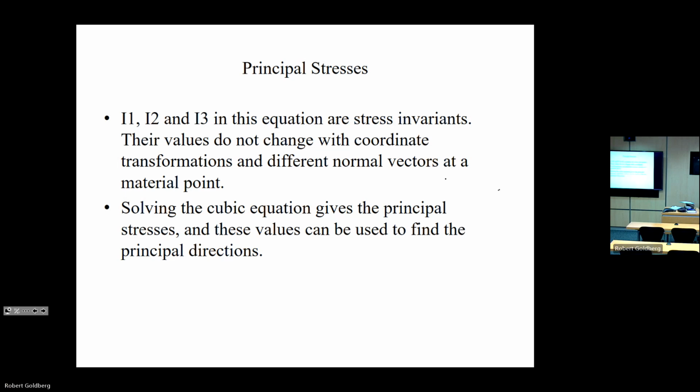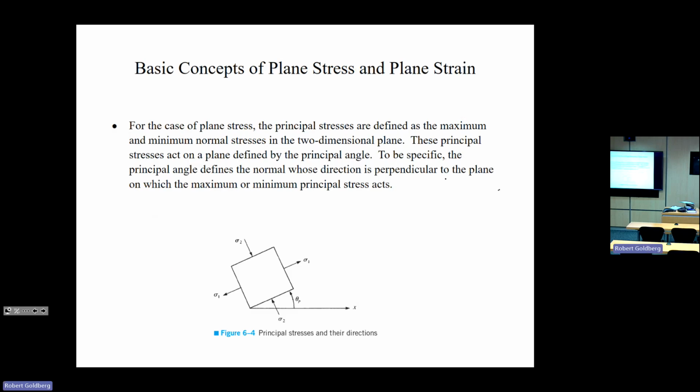For plane stress, both conceptually and numerically, it's a lot simpler. For the case of plane stress, the principal stresses are defined as the maximum and minimum normal stresses in the two-dimensional plane. These principal stresses act on a plane defined by the principal angle, which defines the direction.